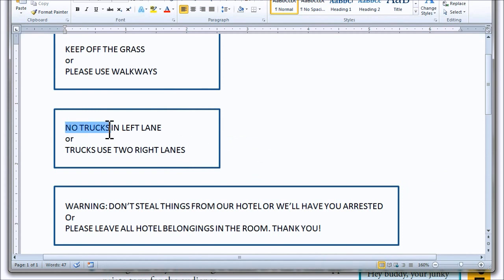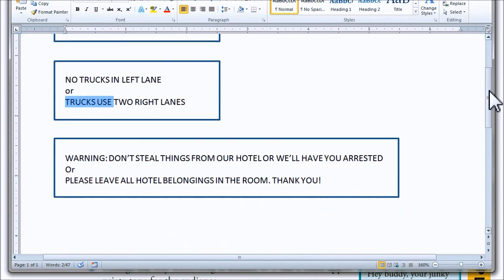This "no trucks" has sort of a negative tone. Believe it or not, it has a negative tone. And this "trucks use" has a nicer tone. So that's why they changed the sign to communicate a more friendly message to truckers, while still letting them know that they're not supposed to be in the left lane.